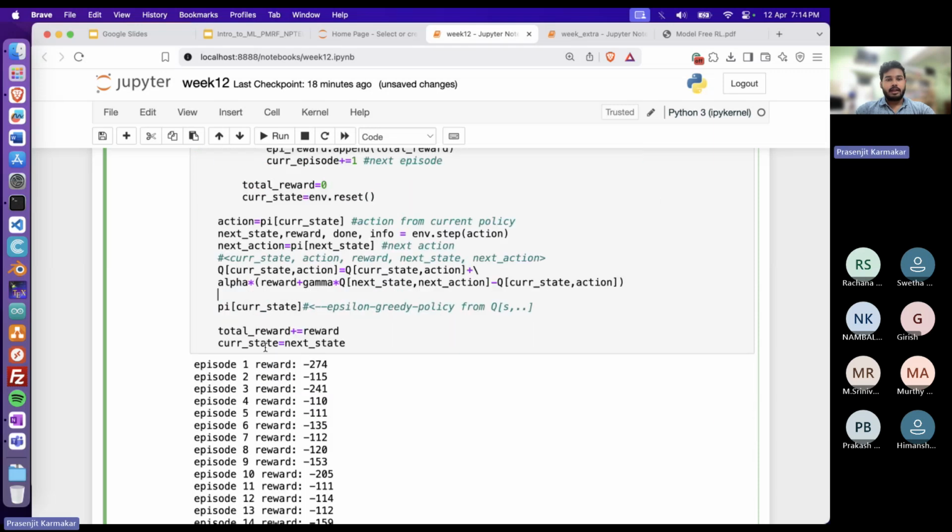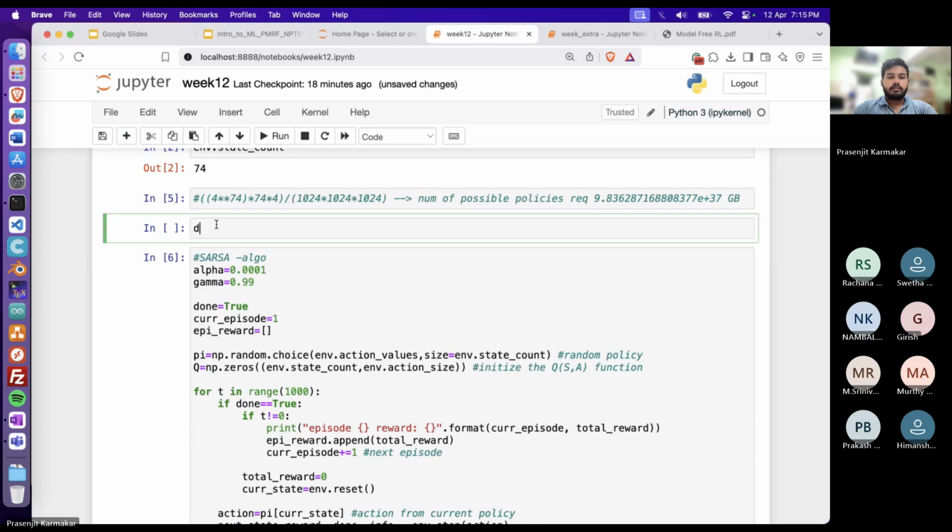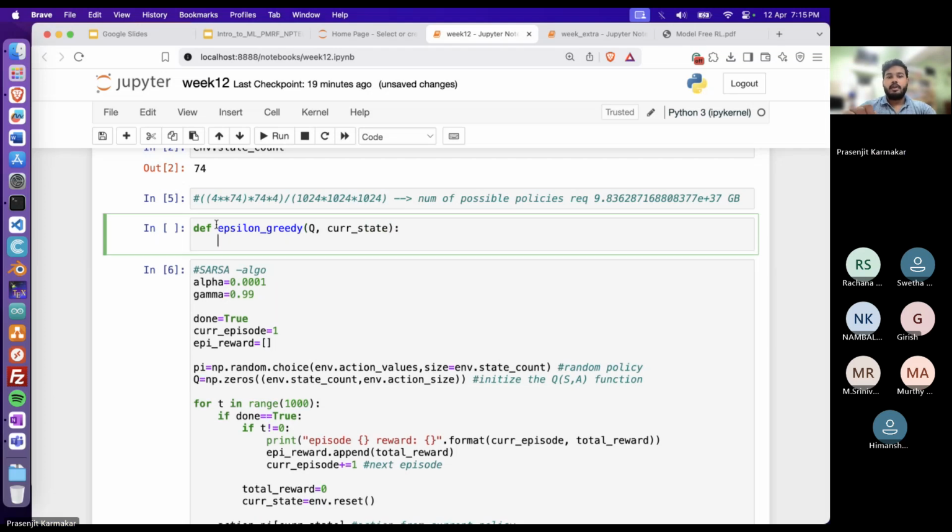I can just write a function here to be more clear. Def epsilon greedy, and it takes a Q function and the current state. Now, what is the best action?